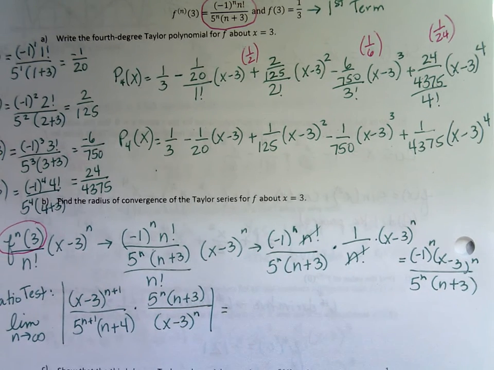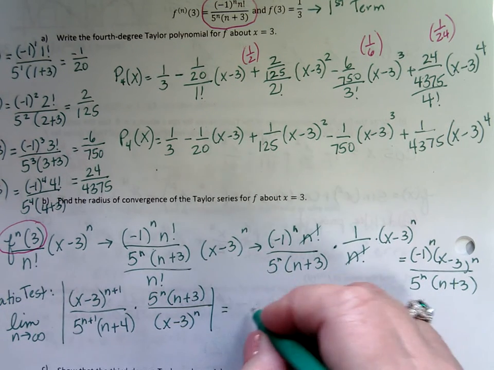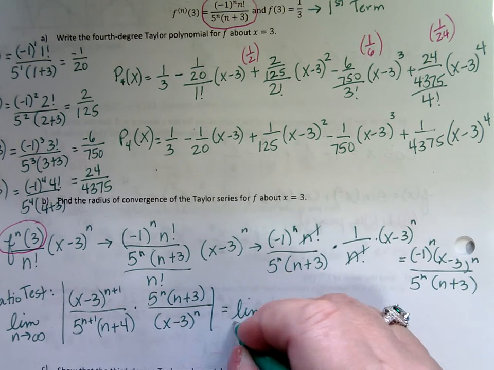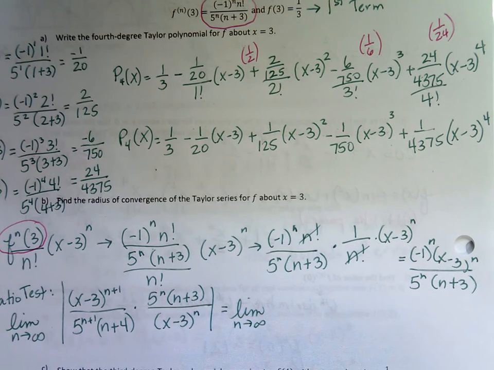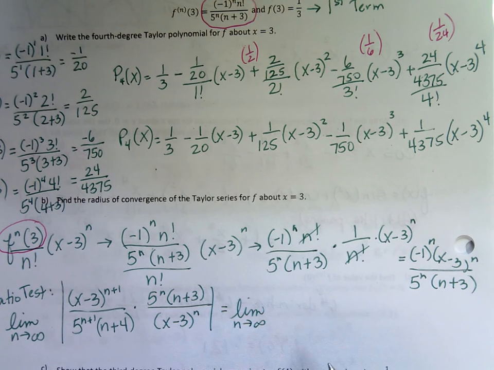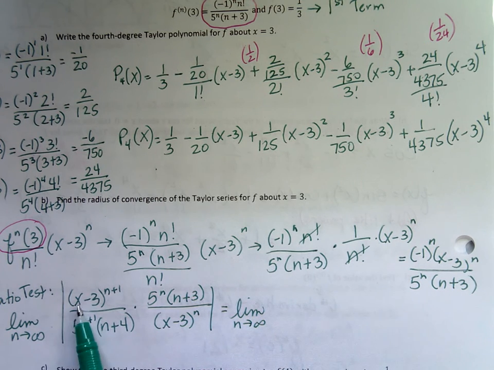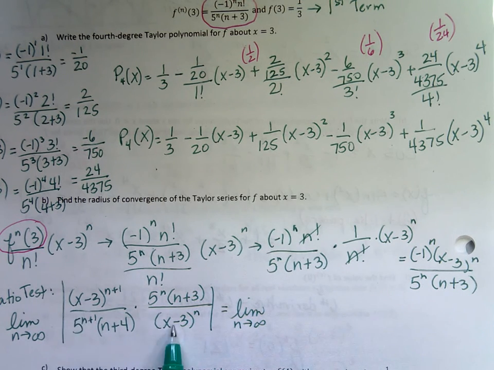All right, so here I go, limit as n approaches infinity. Let's go with the x minus 3's. Where's the bigger x minus 3? It's up top, so I have an x minus 3.